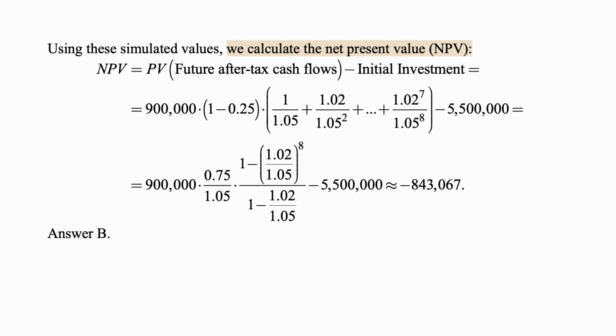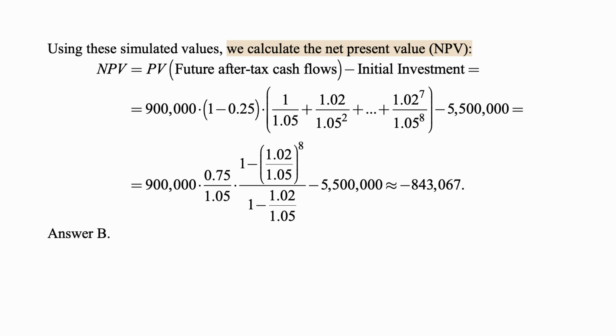So every next term is increased by being multiplied by 1.02 over 1.05. And we also pulled out the 1 over 1.05 factor so that this partial sum of a geometric series starts with 1, and then we use the formula that 1 plus r plus r squared up to r to the n is equal to 1 minus r to the n plus 1 over 1 minus r. And that's exactly what you see here.